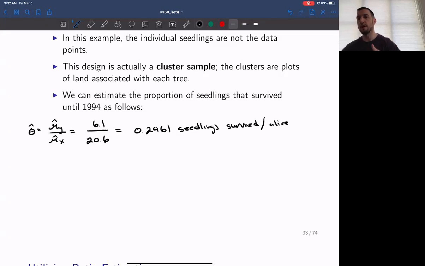So this ratio is of the average number of seedlings that survived the drought, or the average number remaining in 1994, divided by the average number alive at the beginning of the experiment, in 1992. In that sense, it is a proportion of seedlings that survived this drought. If you consider the values in 1992 as the number of seedlings subjected to this drought, then you effectively have a proportion of survival across those 2 years.